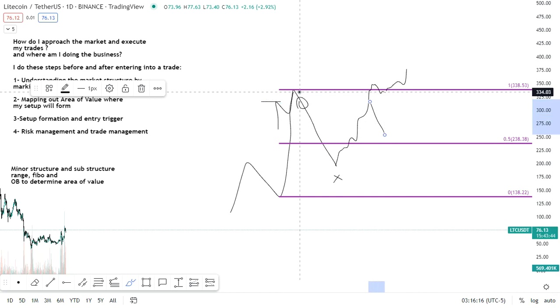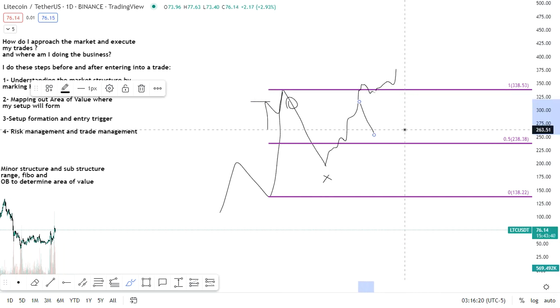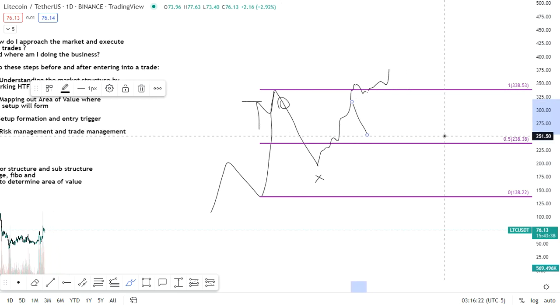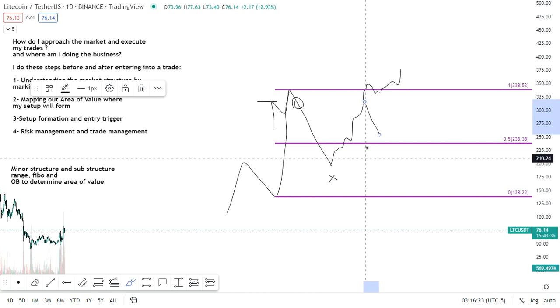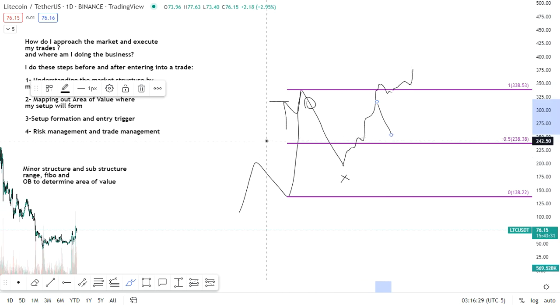So you must consider this supply zone, order block, or the range high and other resistance areas as areas that price might not cross. So you must be watching. If it couldn't, you should get out of the trade and manage your trade, or at least close 50% of your trade, or you might bring your stop loss to the entry. But I do not suggest it.